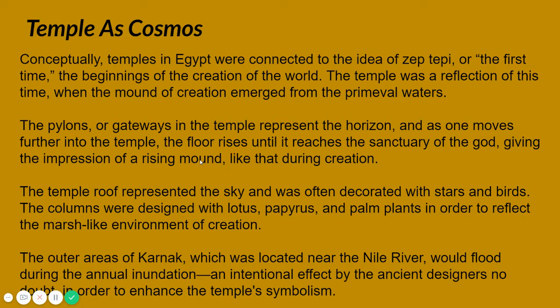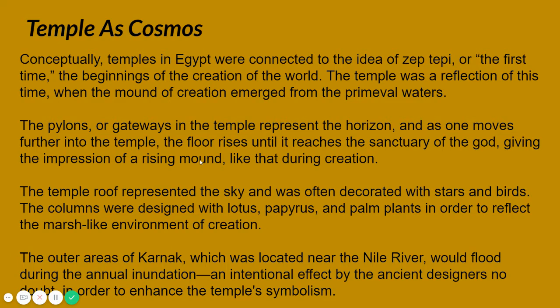The columns would represent the nature around you, the flora around you. That's why you had a lot of carvings of the lotus and the papyrus. You would see palm plants, not only carved but also painted. This was to reflect the environment, okay?